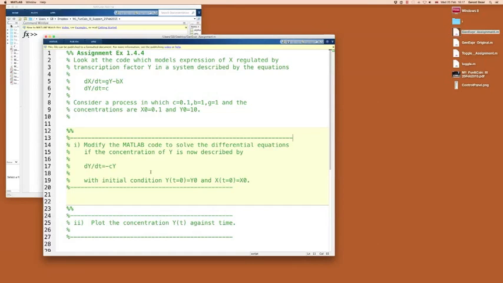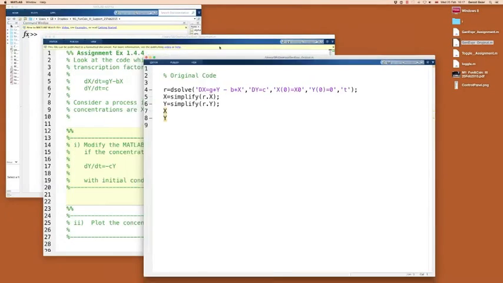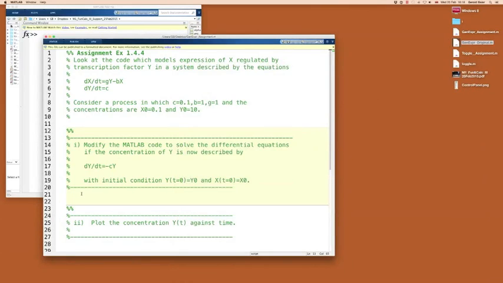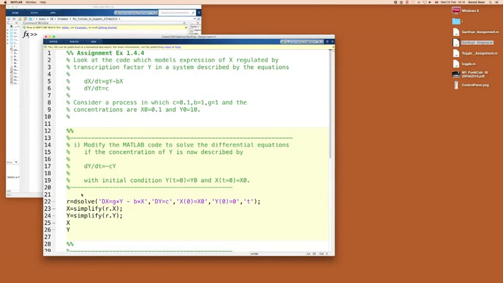Okay, so we want to change the original equation so that the rate of change of y is now equal to minus c times y. So we first need the original code. I've got that in another file on the desktop. We could modify it here, but actually I'm just going to copy and paste this into the other window. So I've copied it, and I've pasted it.